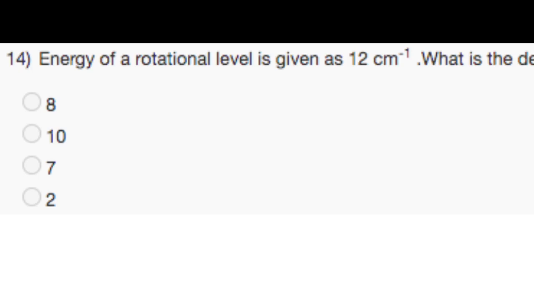To find the degeneracy, we need to find J, correct? And from the energy level information, we can find J. How? Let's see. We know E is nothing but J(J plus 1) in the unit of h cut. I'm not writing that h cut.